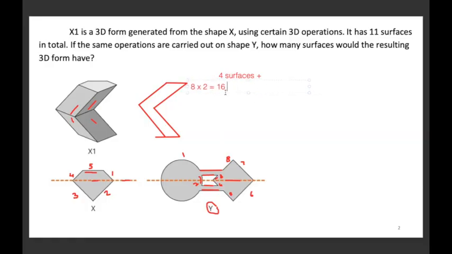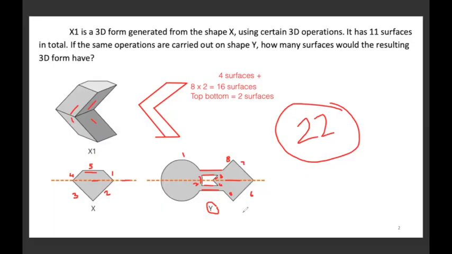So that makes a total of 16 surfaces, plus top and bottom, that makes a total of 2 surfaces. So when you add all of them up, the answer will be a total of 22 surfaces that figure Y will generate. Okay. We'll move to the next one now.